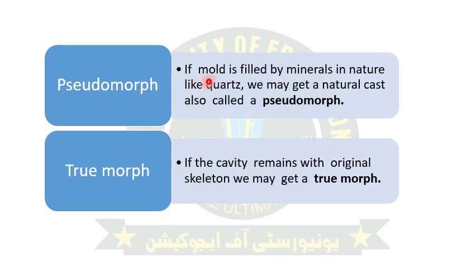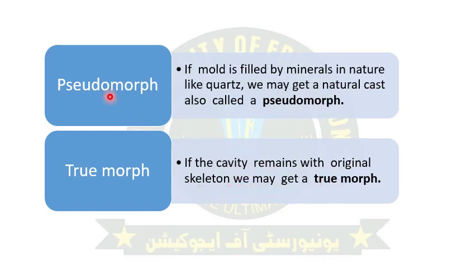Pseudomorph. If a mold is filled by minerals in nature like quartz, we may get a natural cast, also called a pseudomorph. A true morph: if the cavity remains with the original skeleton, we may get a true morph.